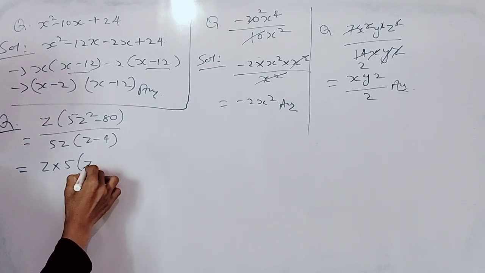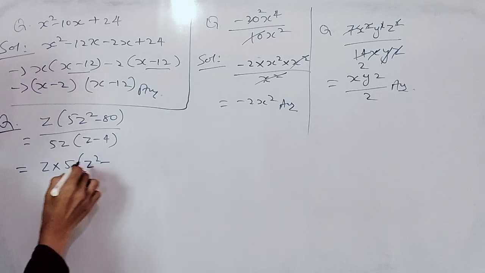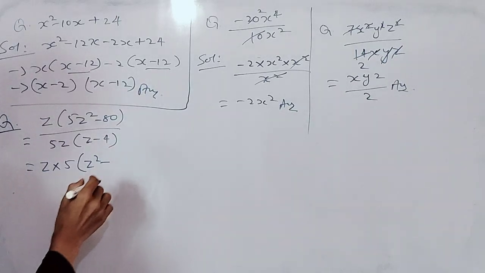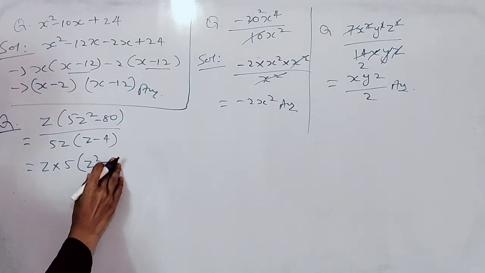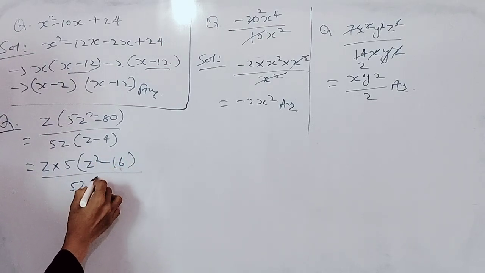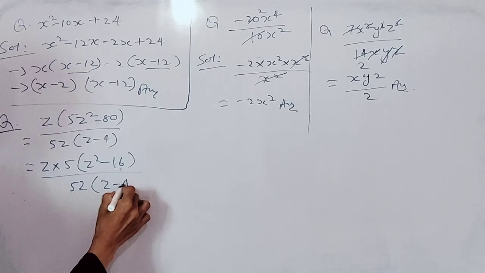Now z square minus 16 is 5z, let's see. 5 threes are 15, yes, 16 is 5z. So here it would be 16 upon 5z into z minus 4.